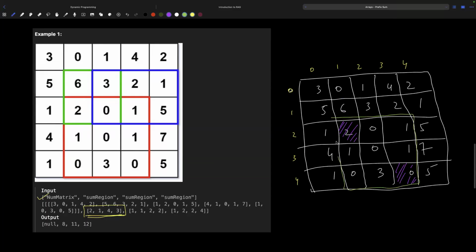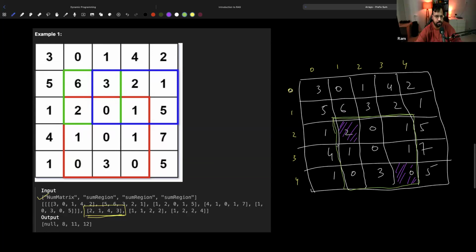All of you have understood the question: what is the input, what we are supposed to do. If we find the sum, it will be 2 plus 1 is 3, 4, 5, 6, 7, 8. So the answer is 8.